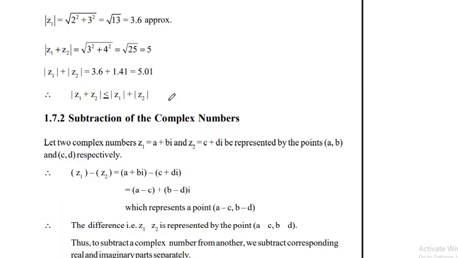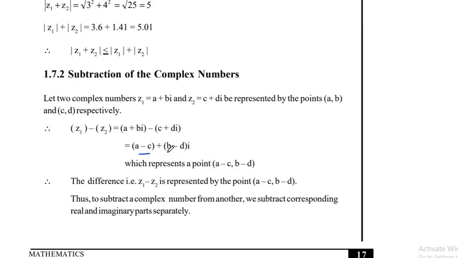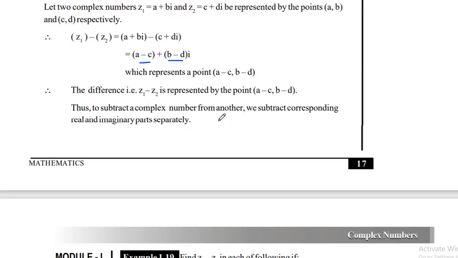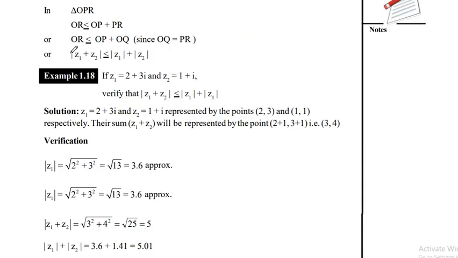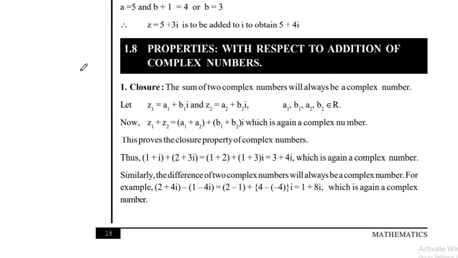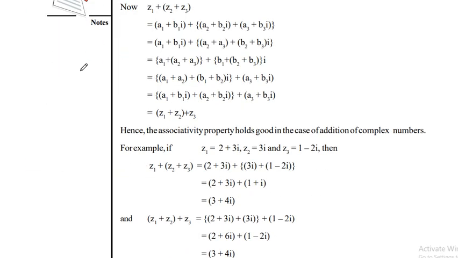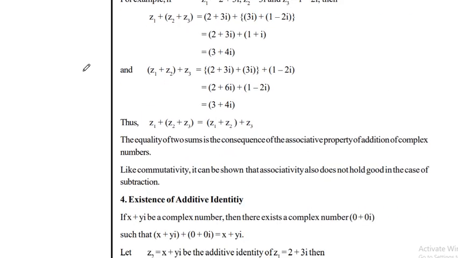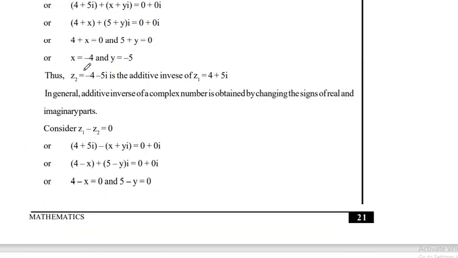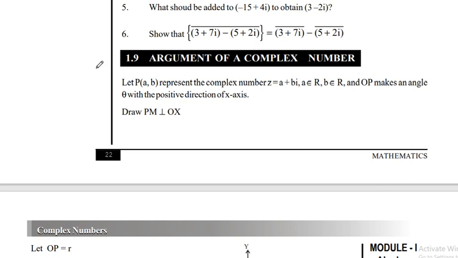Subtraction is of course addition, that's not a problem, it's very easy. The next thing we should concentrate on is the multiplication of complex numbers. That can be a little challenging, not difficult, but multiplication is challenging.